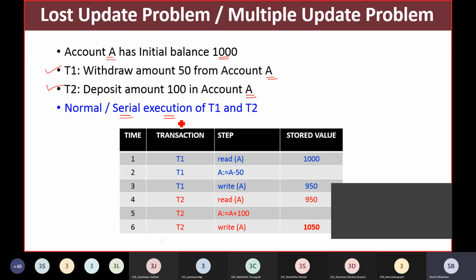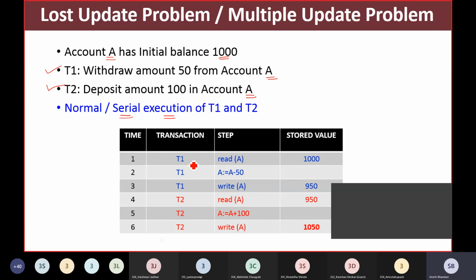Serial execution means transaction T1 is executed completely and then T2 starts, right? So I have 3 operations to perform under T1 and also 3 operations to be performed under T2.